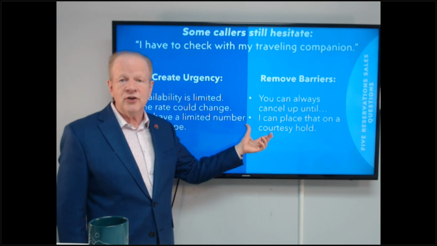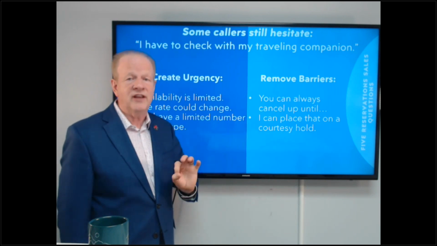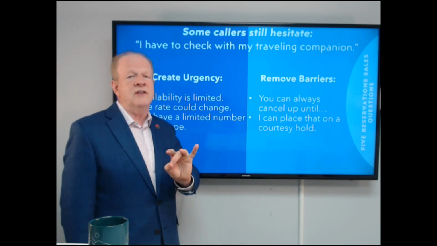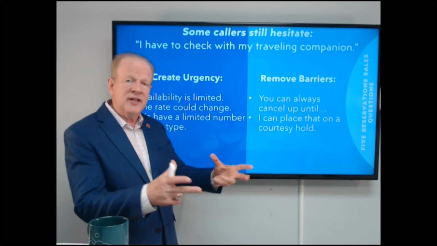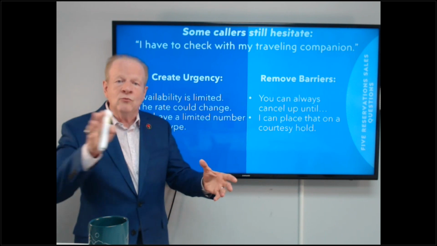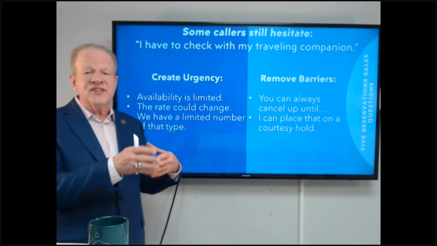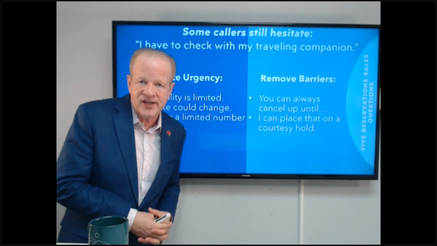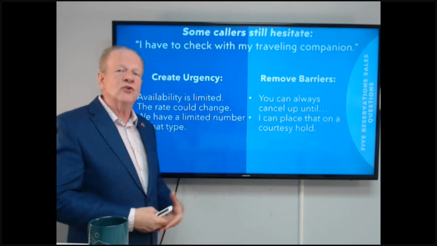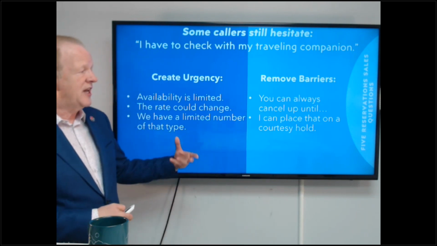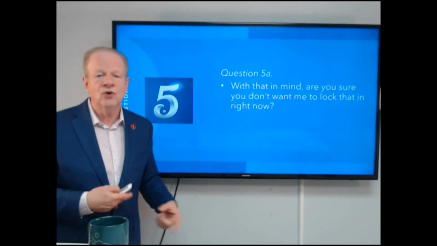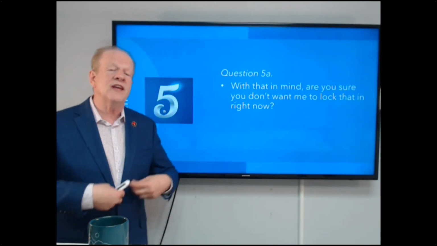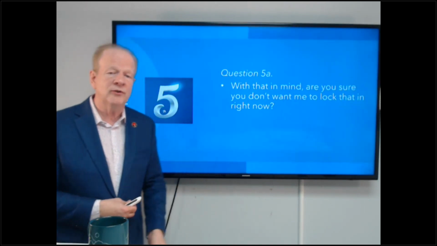Those of you who charge deposits, which is vacation rental, which is ski resorts, which is offshore resorts where you have a limited supply and people plan way ahead, we cannot resell that room if they cancel 72 hours out, okay? So we need a stronger commitment, 7 days, 30 days, 60 days. In that case, perhaps you can place it on a courtesy hold for 24 hours, or they can make the deposit and it would be fully refundable.